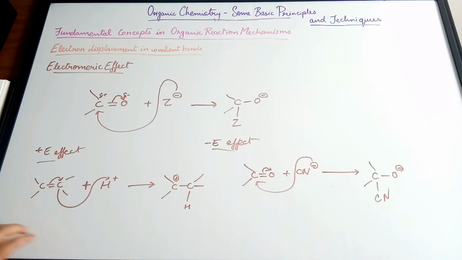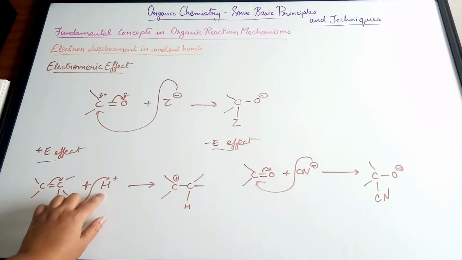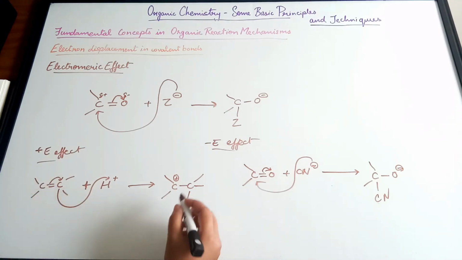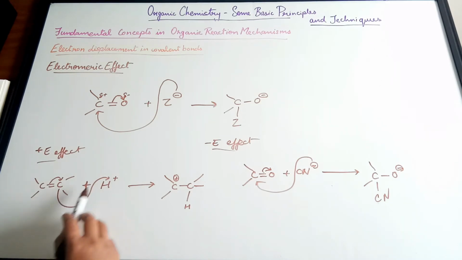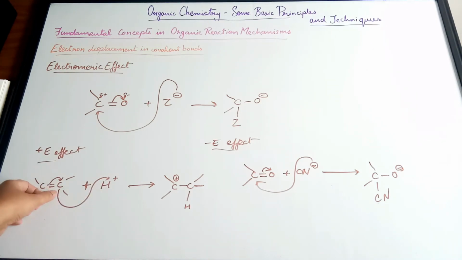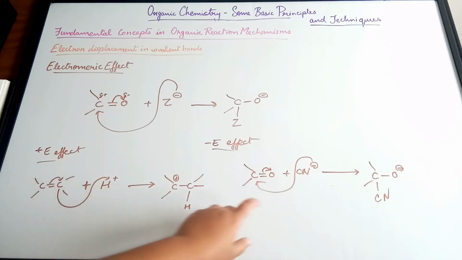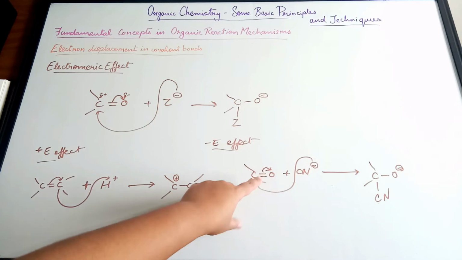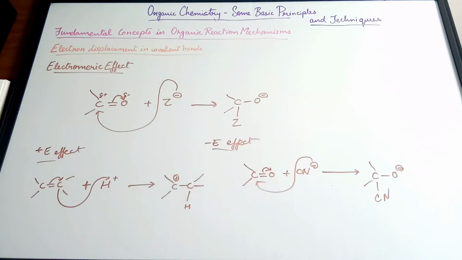Now, the difference between these two is the movement of electrons. In this case, the movement of electrons was towards the atom to which the attacking reagent was attached. So electrons moved to this carbon, and only because of that was this hydrogen able to bond to the carbon atom. On the other hand, here the electrons are shifted to the atom to which the reagent is not binding, basically the other atom.